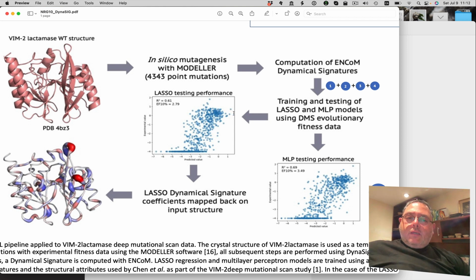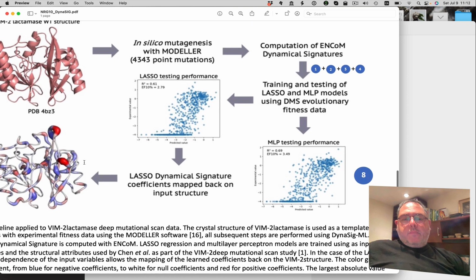And so what's interesting here is that the lasso linear regression, because it's linear, allows you to map the effect of these coefficients, or the importance of the flexibility at each position, towards predicting different levels of the function. And this may allow you to generate hypotheses to understand your experimental system.